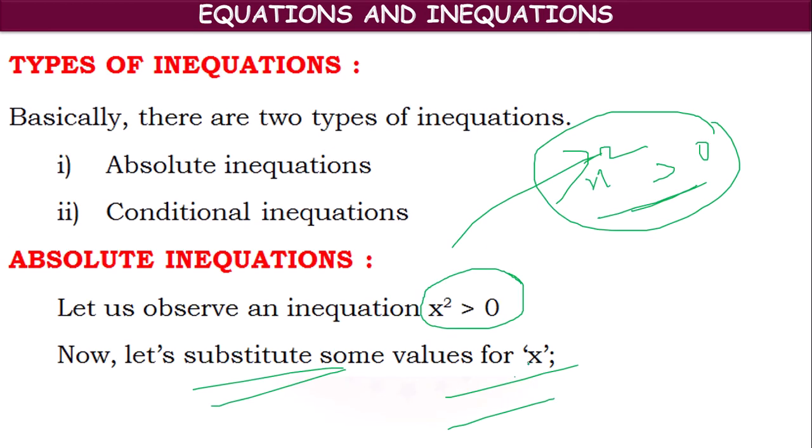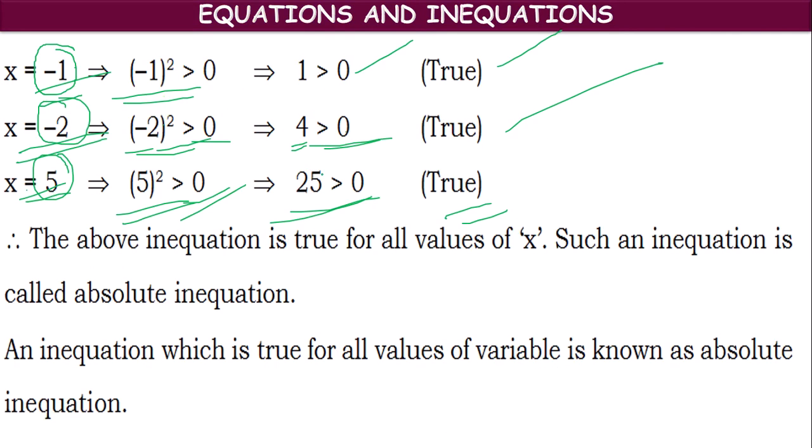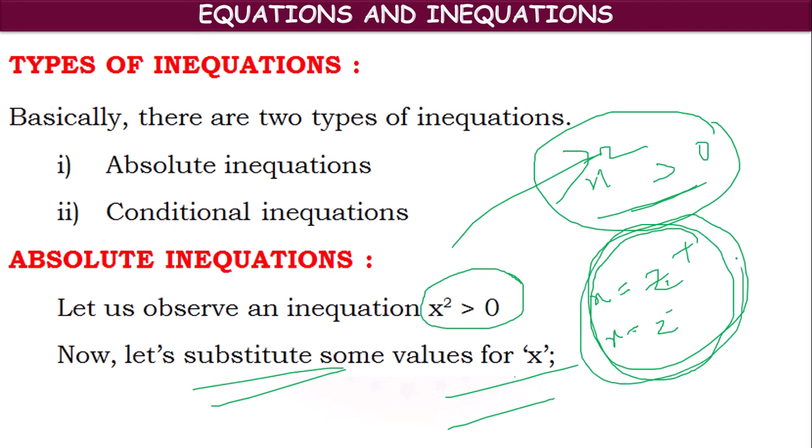Here they have to give some condition, children. X can be a positive integer, x can be a negative integer. Because if you keep 0, 0 square equal to 0, which is not true. So they have to specify the replacement set, which values we have to take.